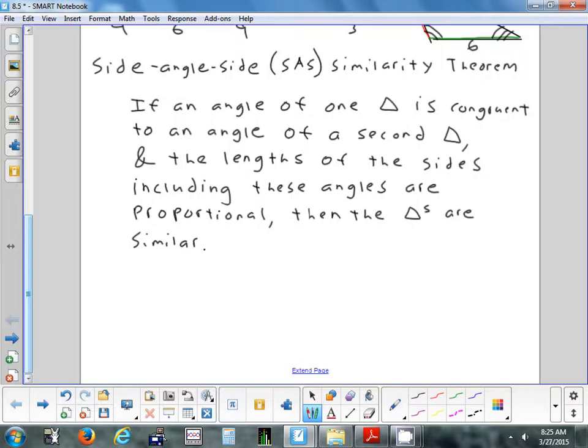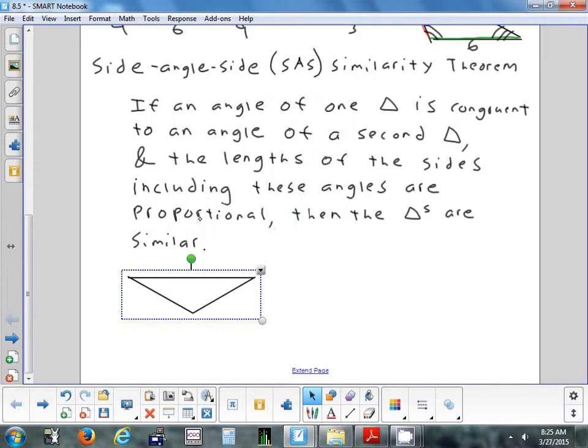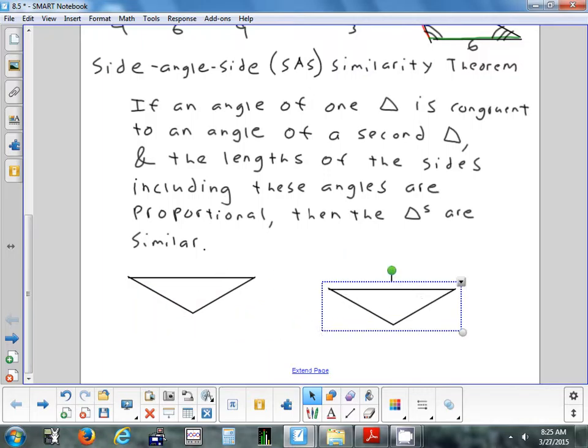Here's an example of that. Let's just take and make a triangle. Let's group it, make a copy of it.